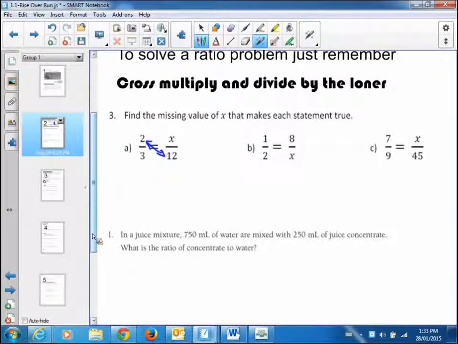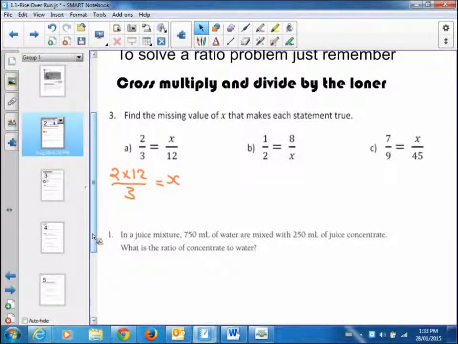I'm going to multiply up this 12, so 2 times the 12 up there, and then divide by the loner. The 3 is all by itself underneath here. That's my loner. So I typed this in the calculator: 2 times 12 divide by 3 is equal to my x.